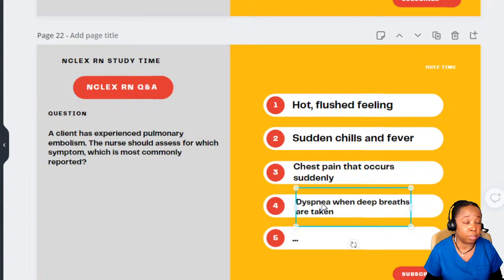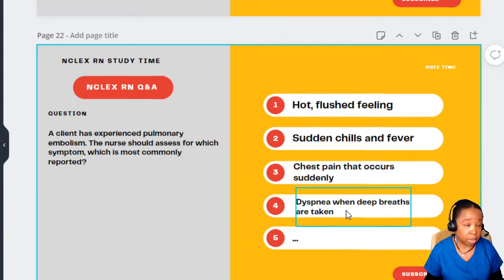Dyspnea is what we also call SOB, shortness of breath. Do you think the patient will have shortness of breath when you take a very deep breath? The answer will be chest pain that occurs suddenly.